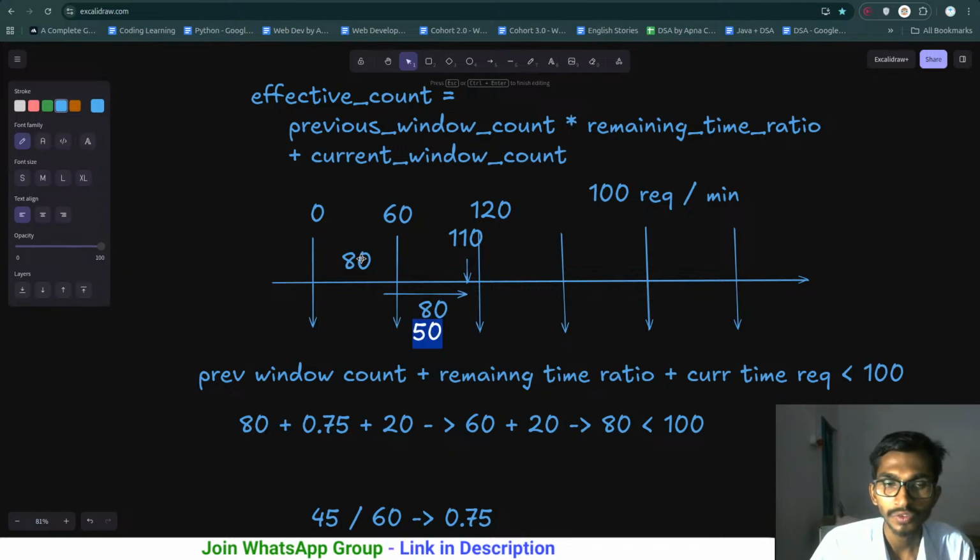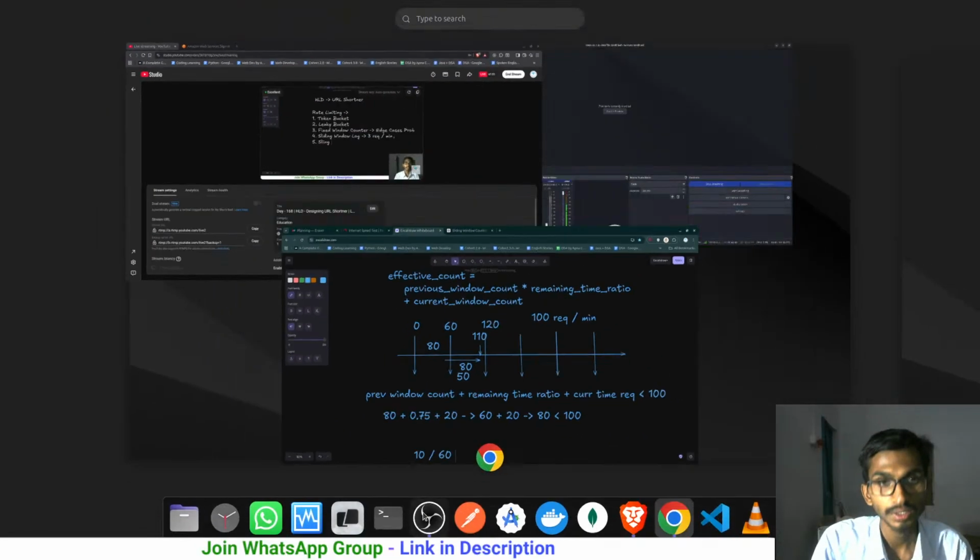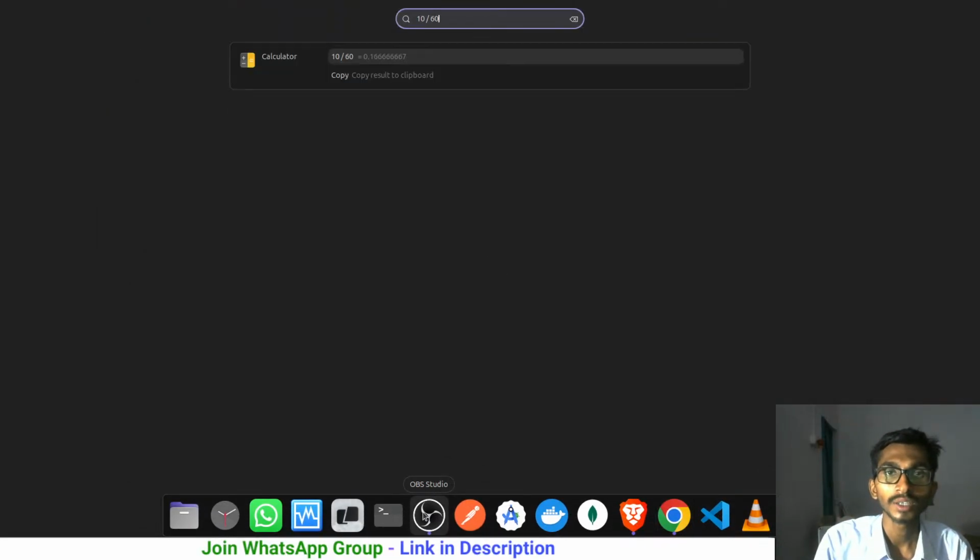That simply means in the previous window we have 10 seconds remaining, and we have to check the number of requests. In the previous window, 60 minus 50, 10 seconds, 10 divided by 60, that's gonna be 1 by 6, about 0.16.